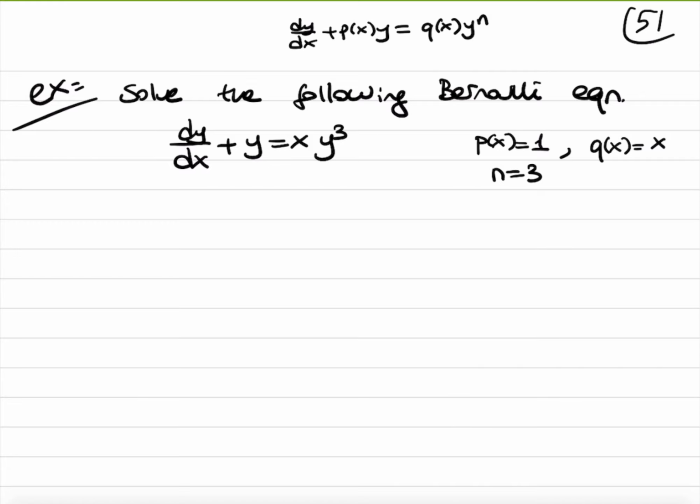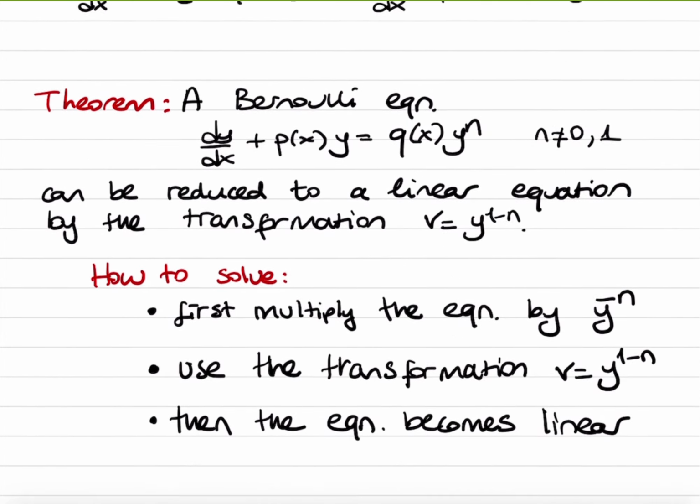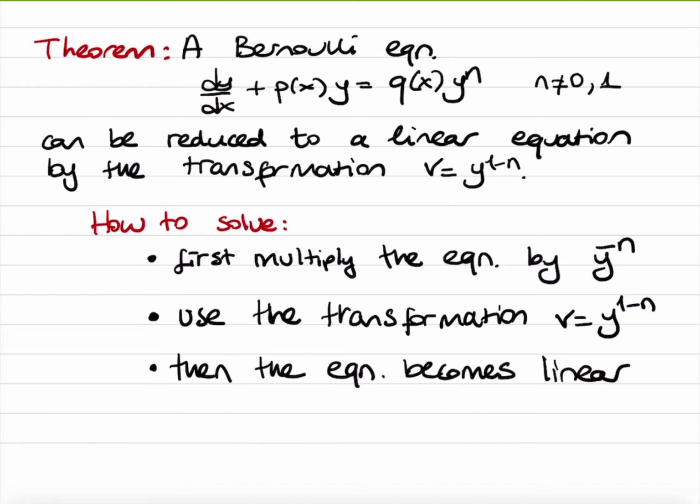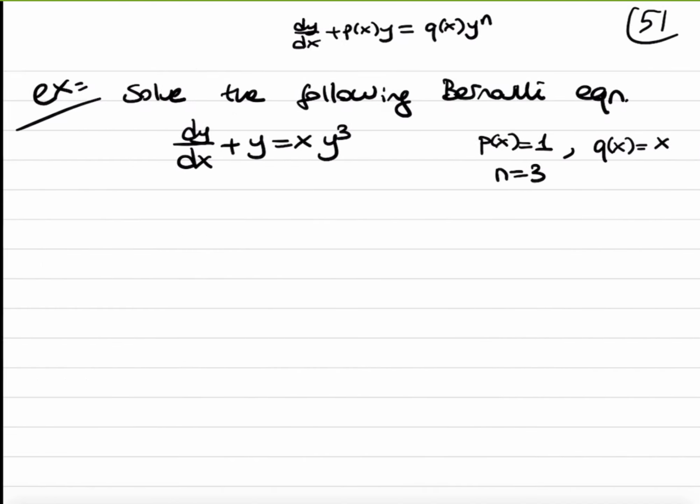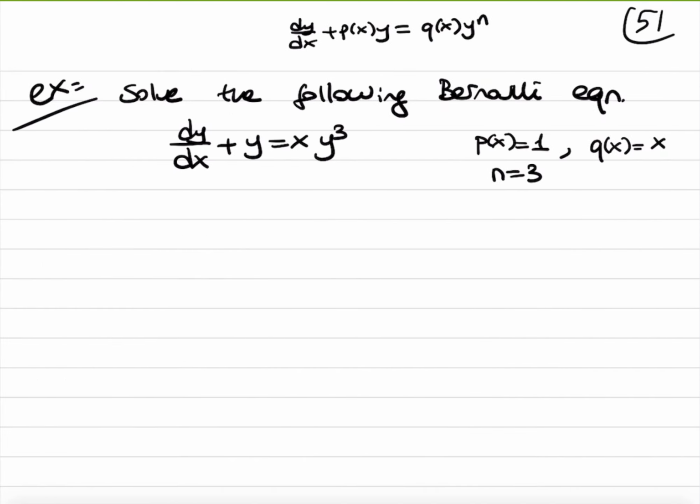And we said, okay, how will we solve it? First we multiply the equation by y to the power minus n. Or you can keep in mind that we want to make this part depend only on q of x. So first multiply by y to the power minus n.